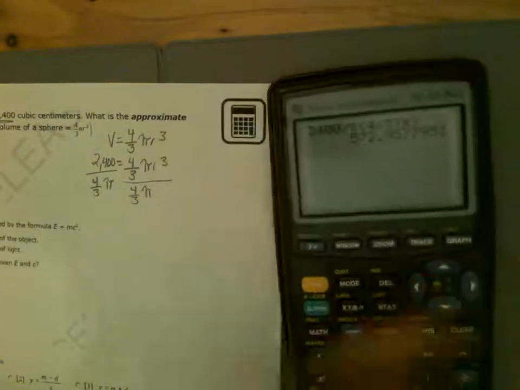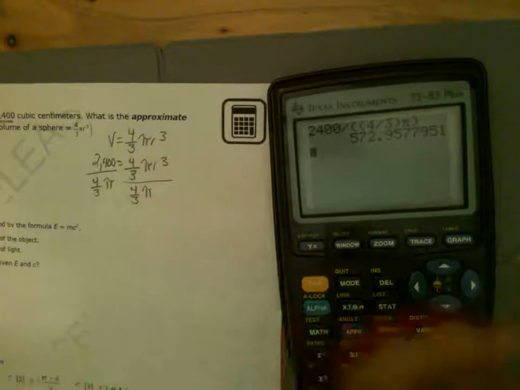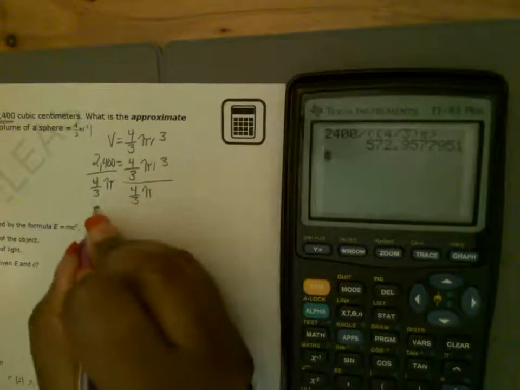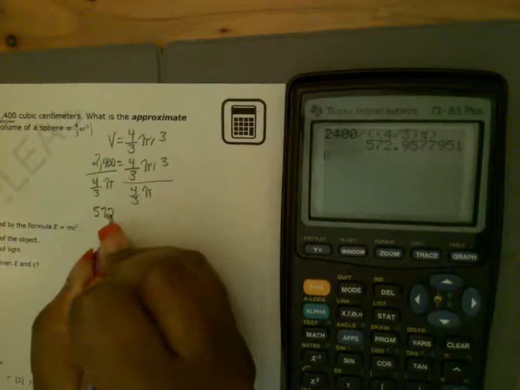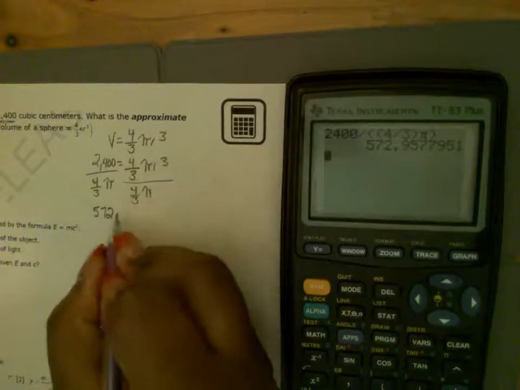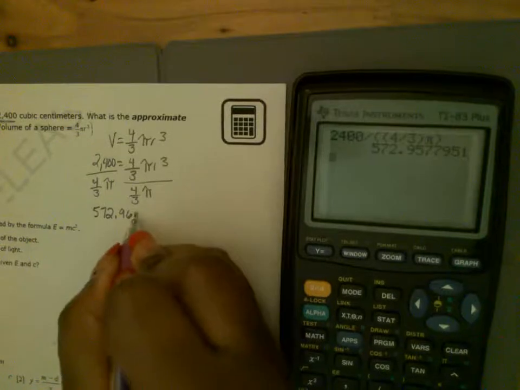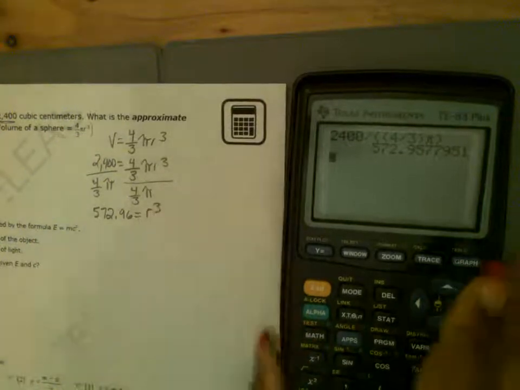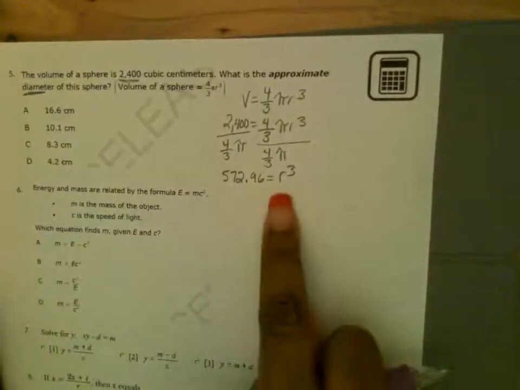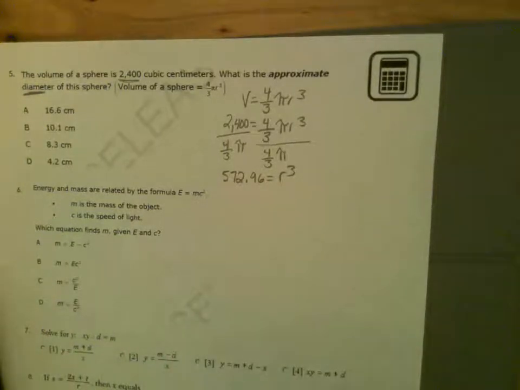So I have 572.96, rounded to the nearest hundredths place, is equal to, all right. The opposite, we know, of squaring a number is finding the square root.